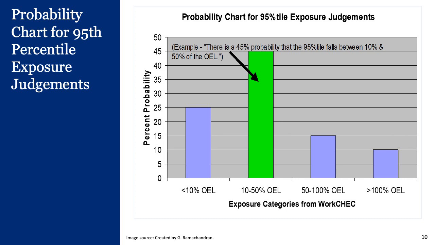So that is the way to interpret it. Again, there is a 45% probability that the 95th percentile of the exposure distribution falls between 10 and 50% of the OEL. So that's the way to interpret these kinds of probability charts.